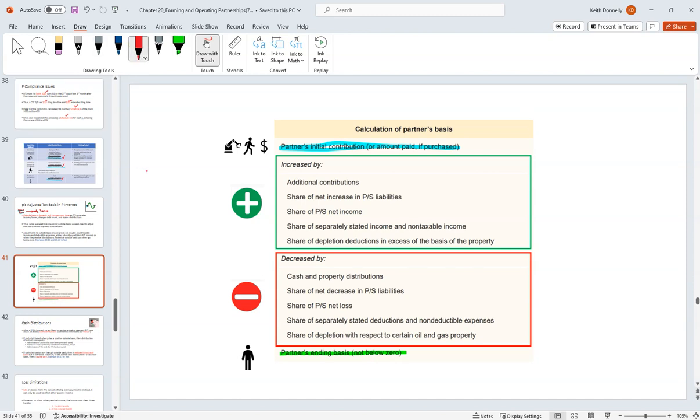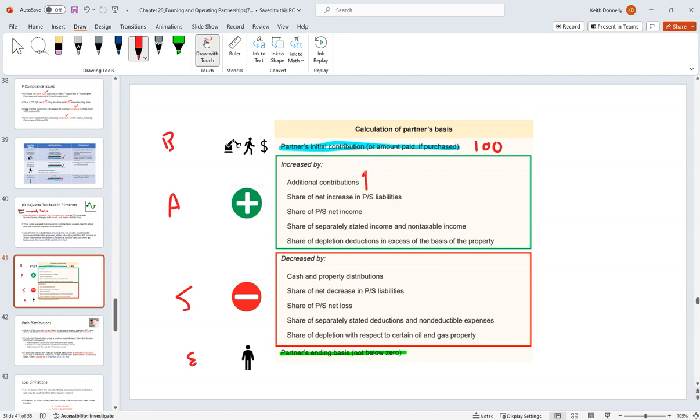And anytime this happens, if you haven't picked this up yet in accounting, there's the base formula, right? It's always going to be your beginning plus your additions minus your subtractions gets you your ending. So if we look at this for the partner and their adjusted outside basis, it's what you started with, right? So maybe it's $100.